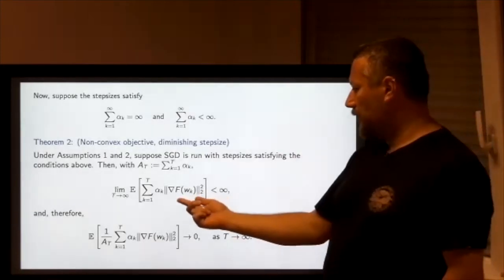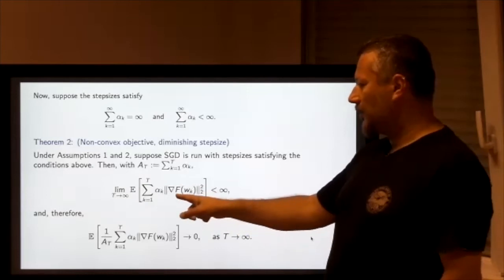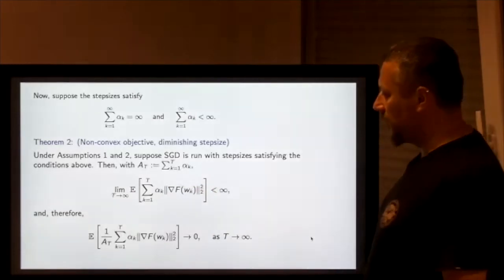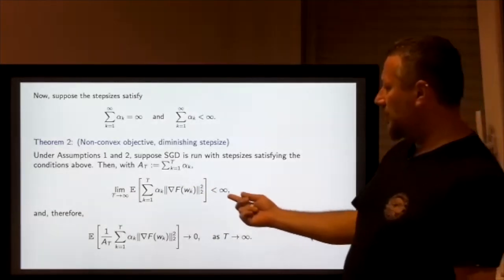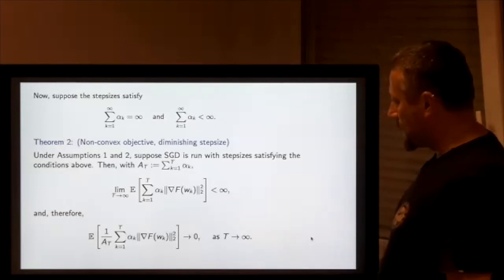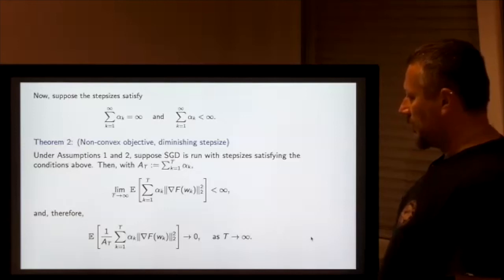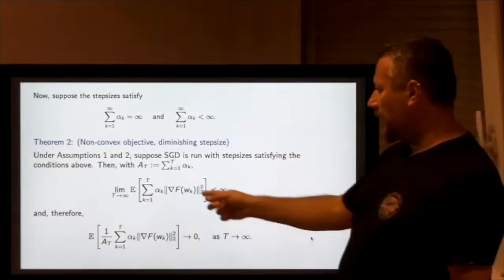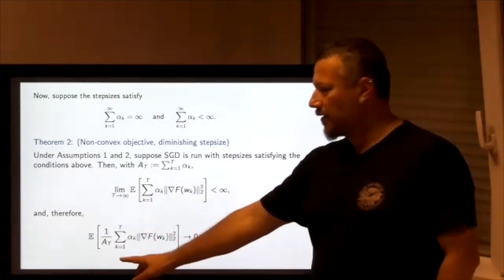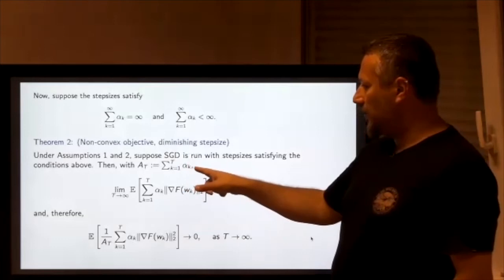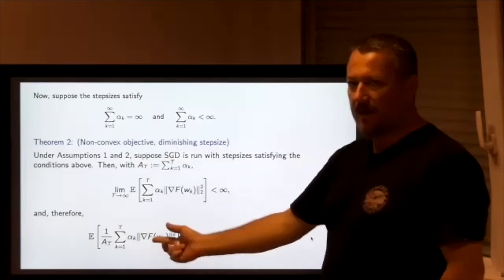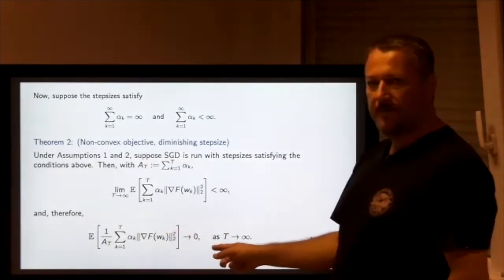Then the sum of alpha k times the squared norm of the gradient of the objective function has a finite limit. It converges to a point. And because of that, if I divide by AT, and since I know that AT is the sum of the alpha k's and goes to infinity, this average goes to 0.